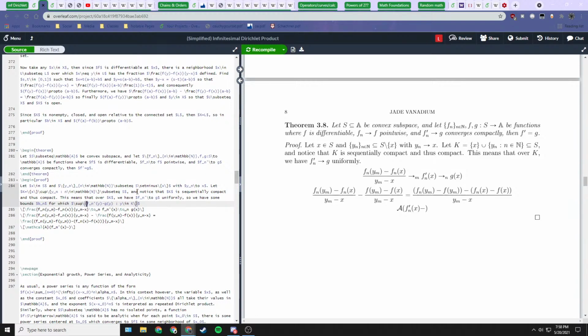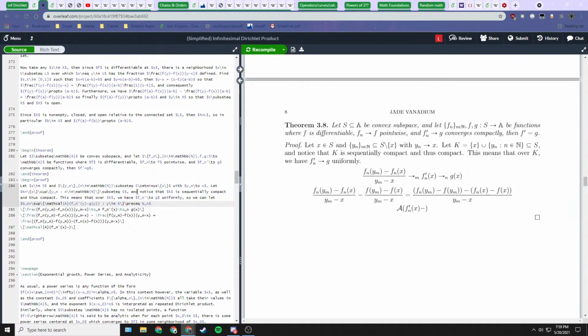The supremum of the absolute difference of f_n prime of y minus g of y is b sub n.